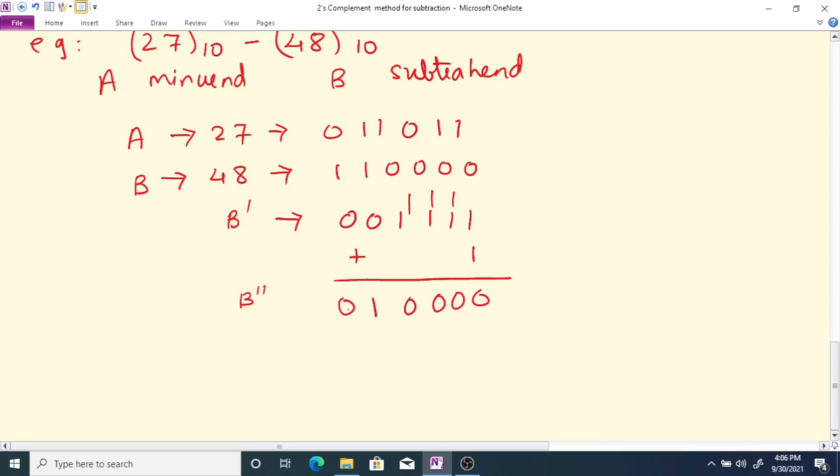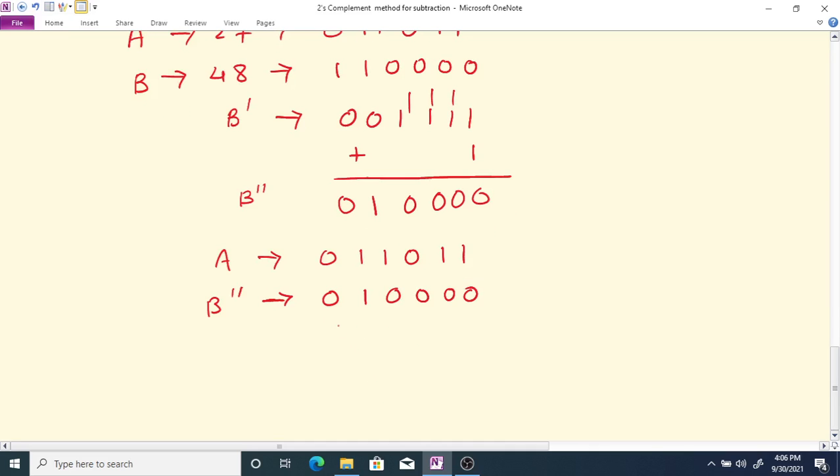Now we have to add A, that is 011011, with B double dash, 010000. So after adding these two binary numbers, we will get 110101.